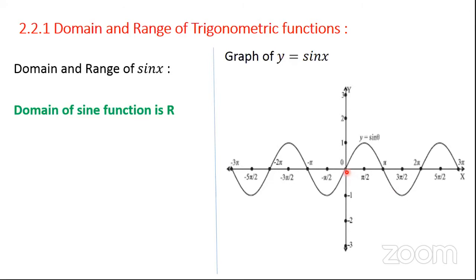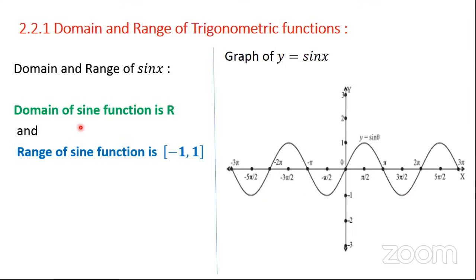See any value, that is 0 degree, 30 degree, 45 degree, 90 degree, 180 degree, 270 degree, maybe on the positive side of x-axis or maybe negative side. So domain for sine function is real numbers, and value of sin x always lies between -1 and +1. So that is the range for sin x.